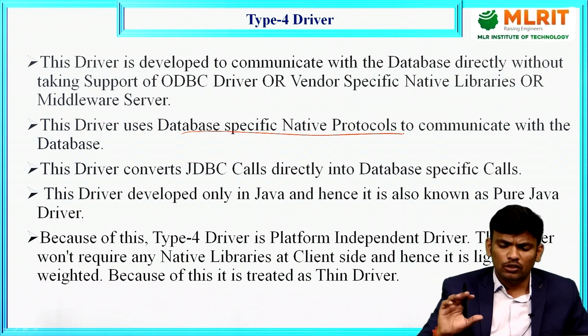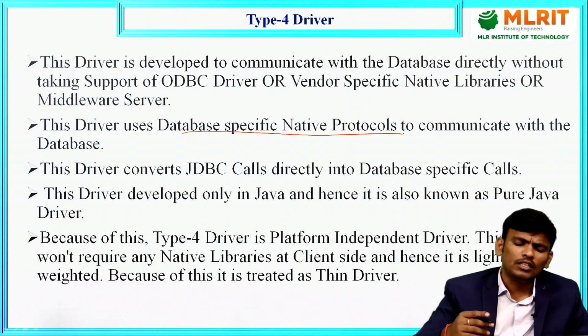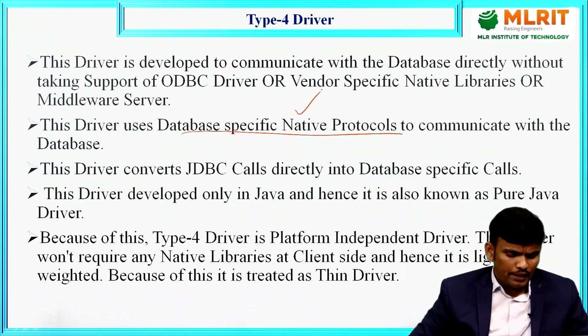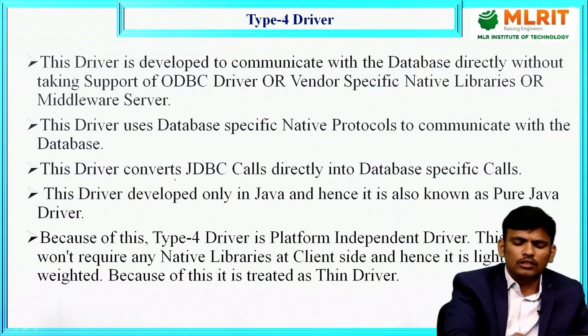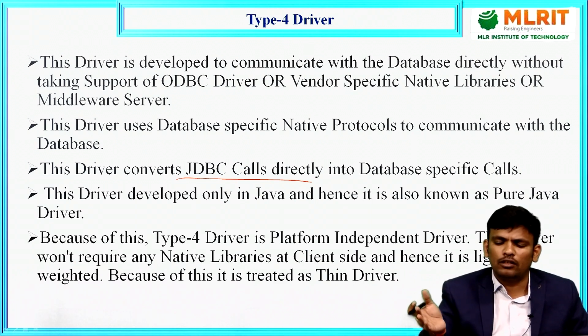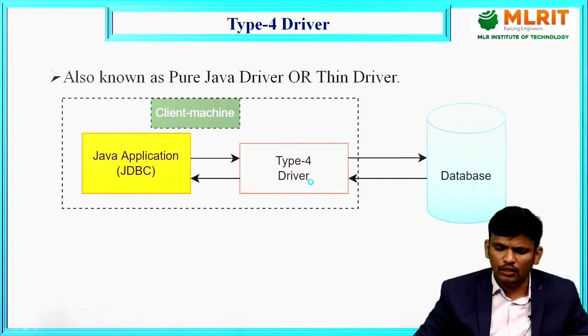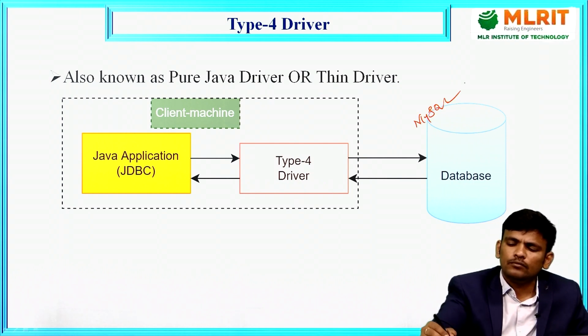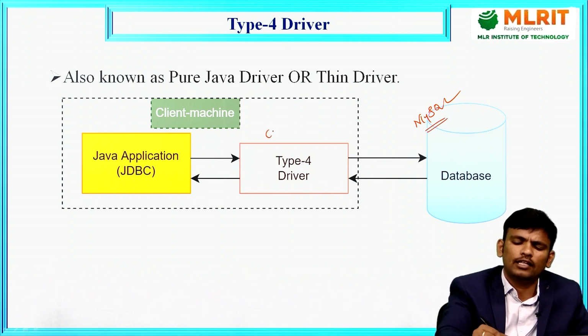How it connects to your database depends on the database specific native protocols. Next, this driver converts JDBC calls directly to database specific calls, so it communicates directly. If you observe the type 4 driver, suppose you are using MySQL, MySQL provides a driver, that is the Connector/J driver.